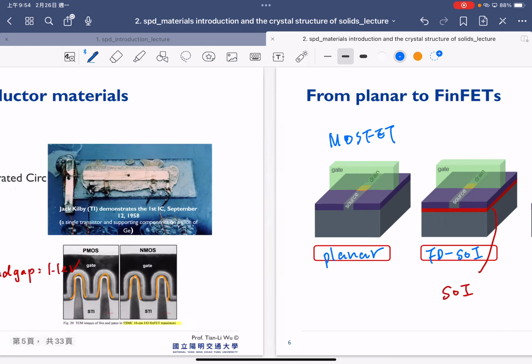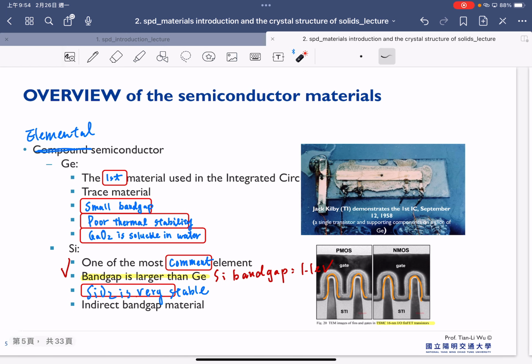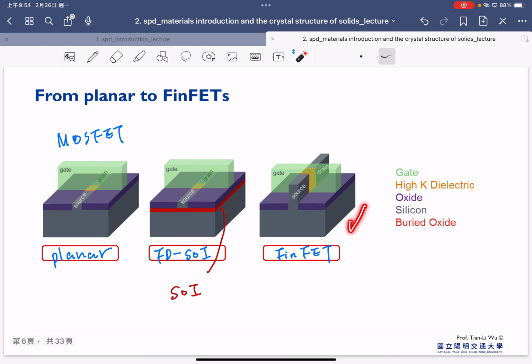This is a real TEM image of the FinFET, and this is a schematic for the FinFET structure here.